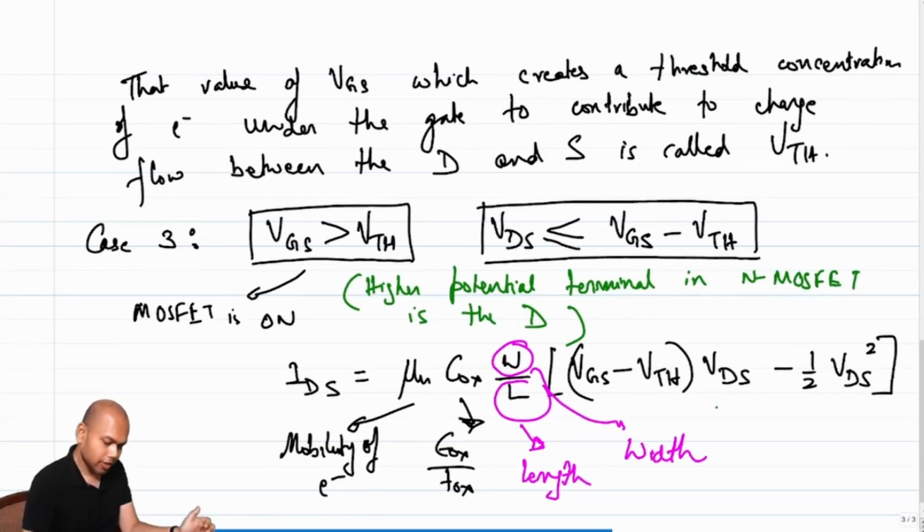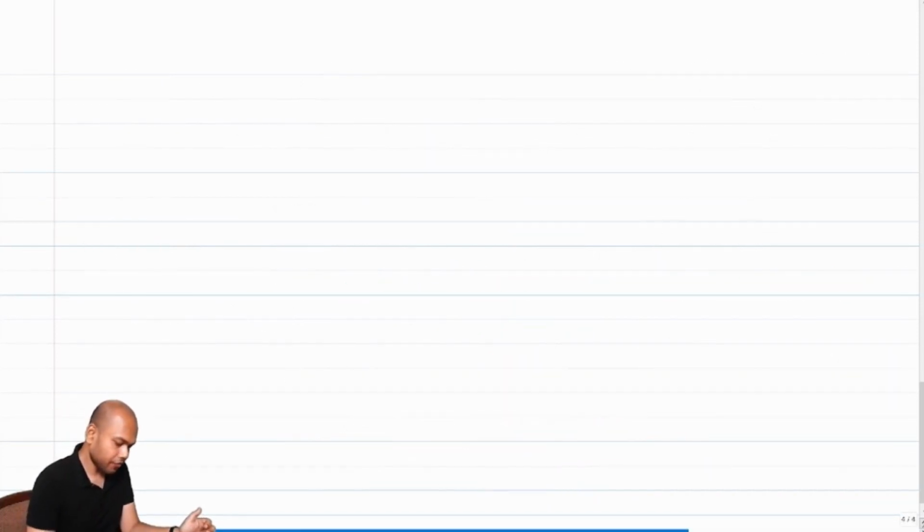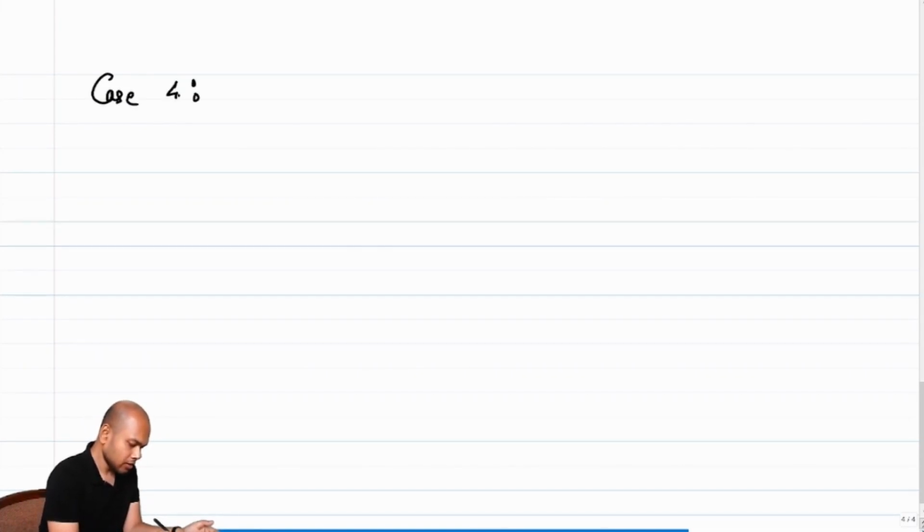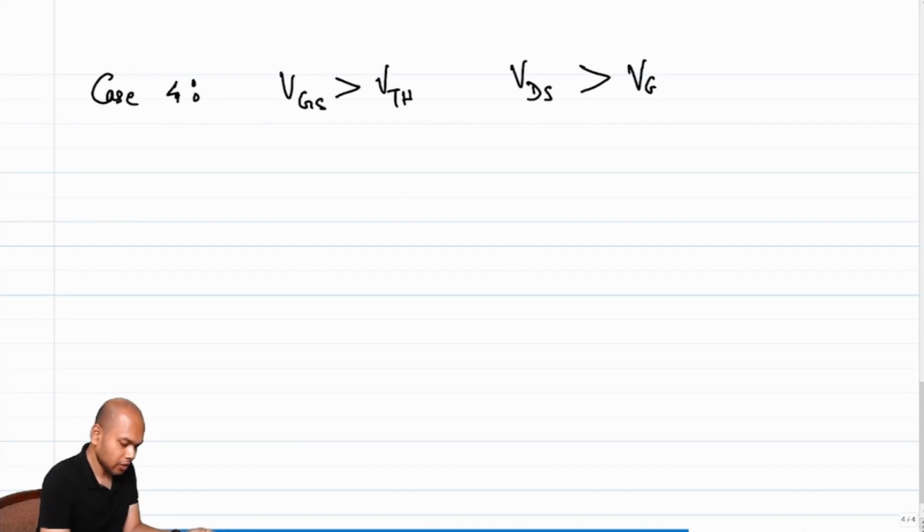Okay. However, what happens if I increase my VDS further? That is, my MOSFET is on, which is VGS is greater than threshold voltage, and VDS is greater than VGS minus the threshold voltage, right? What's going to happen? What will be IDS?